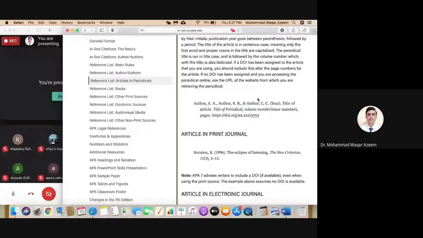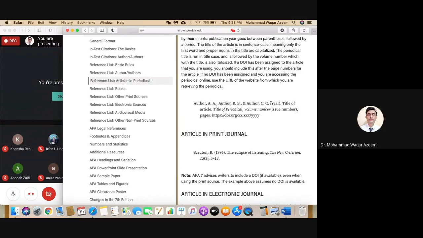Also remember, the first name will be only an initial, only the initial for the first name of the author. Similarly, only the initial for the middle name of the author, right? Only the last name is written in full, okay? So we explained it already, we discussed it. So this is the author's part.